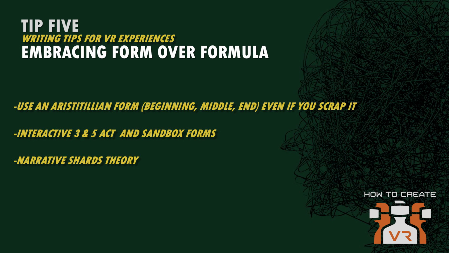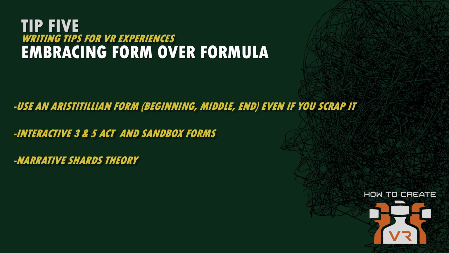Now, I'm not going to go deep into this, but in my book, I talk about interactive three-act structure and interactive five-act structure, which are two different approaches you can use when the audience has agency and we're not just creating a passive experience.